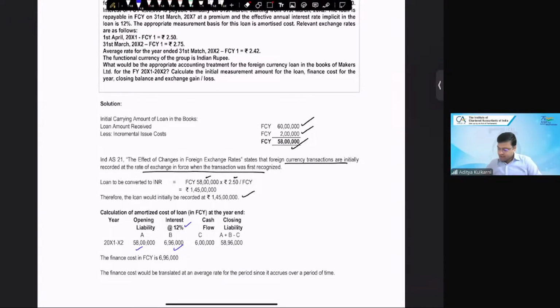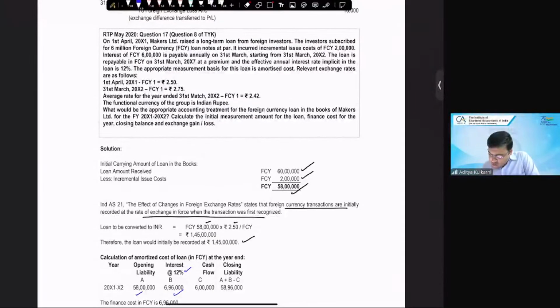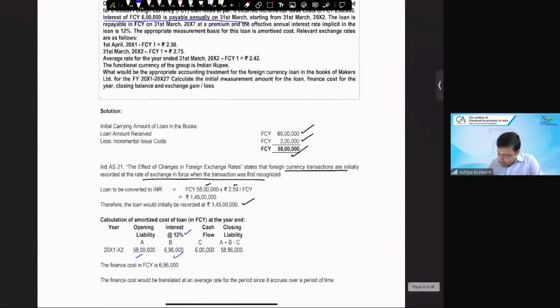Interest of FCY 6 lakhs is payable annually. What is this interest? The coupon rate. What is this 6 lakh 96? This 6 lakh 96 is your finance cost. This is the amount that will go to the P&L. And what is this 6 lakh? That is the payment.